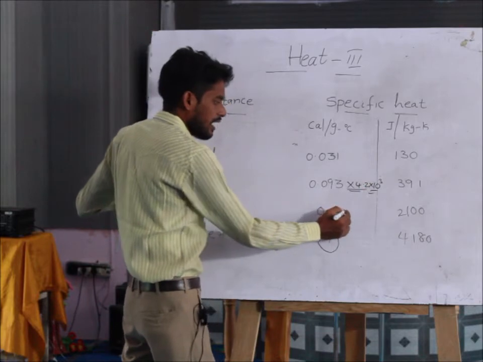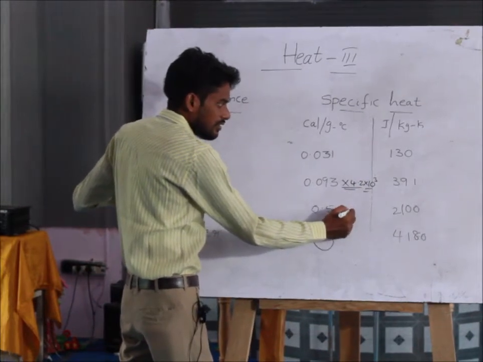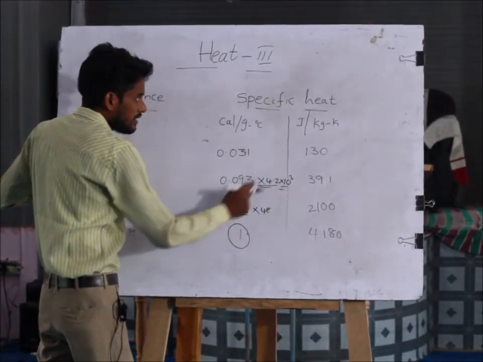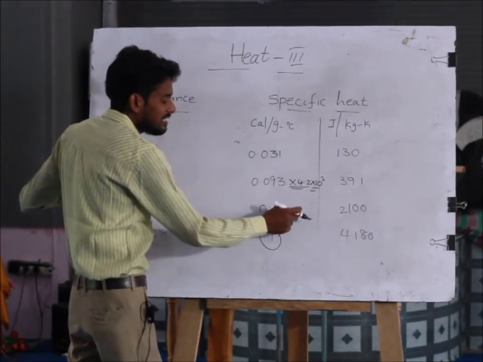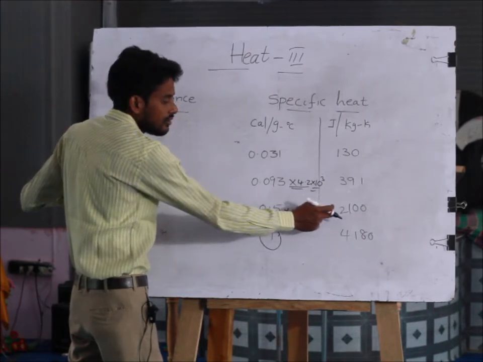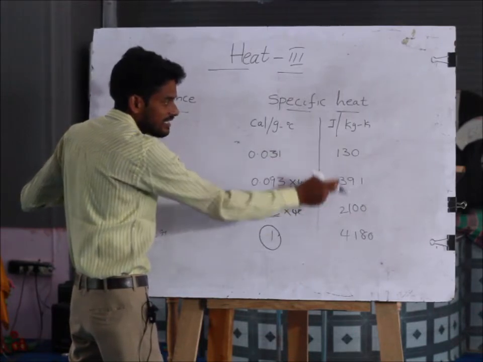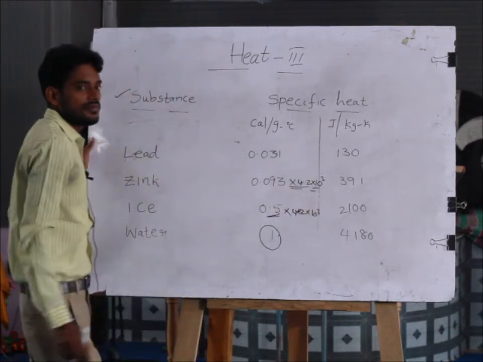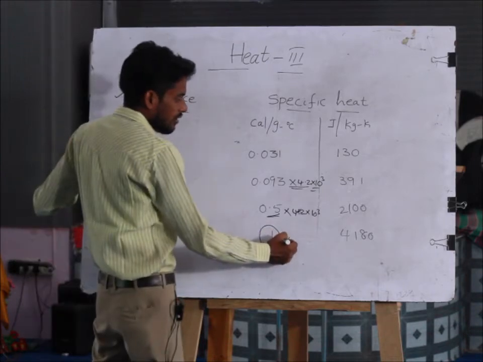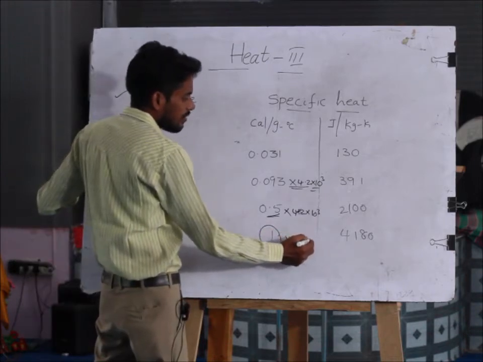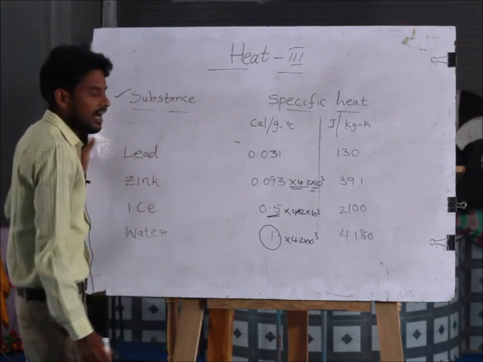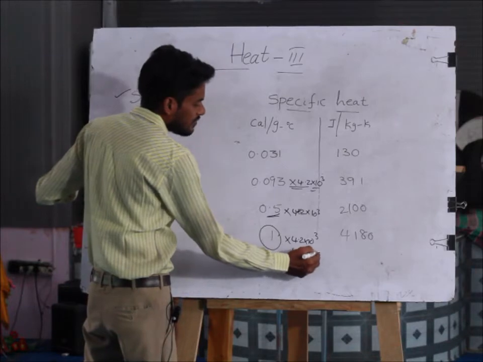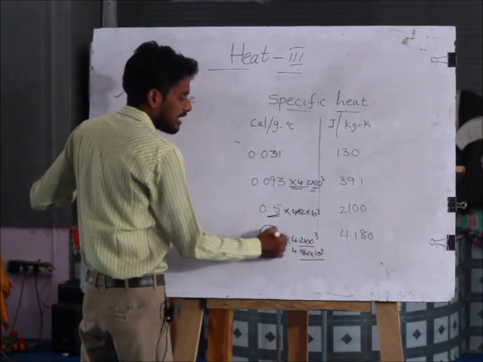This value will come, and if you want this calorie per gram degree centigrade value in joule per kg Kelvin, you have to multiply with 4.2 into 10 to the power of 3, and moreover water also 4.2 into 10 to the power of 3 or 4.186 into 10 to the power of 3.